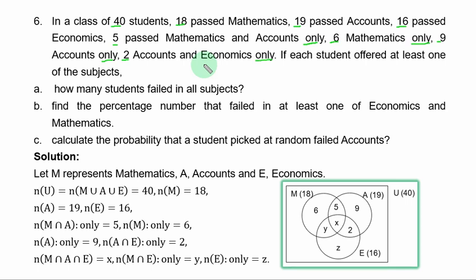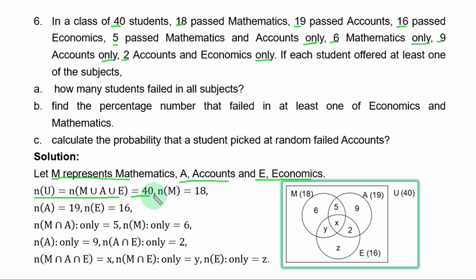Solution. Let us define the subsets as follows. M represents mathematics, A represents accounts, E represents economics. From the question, the total number of students in the class represents the universal set or the union of the 3 subsets, and that is 40.